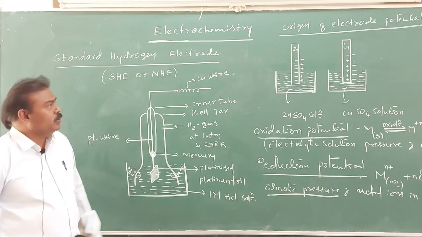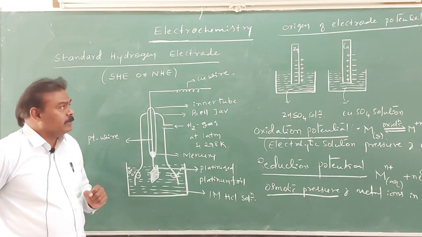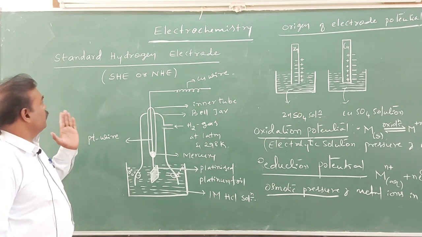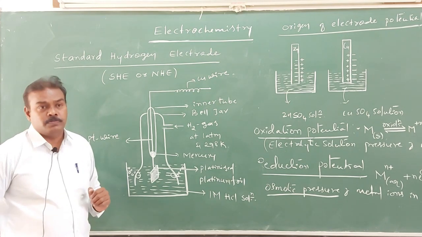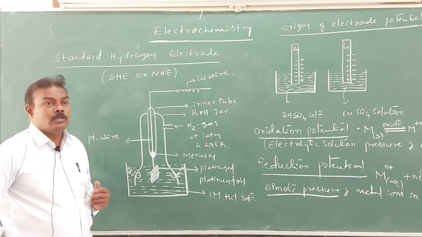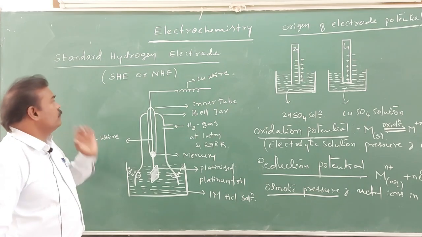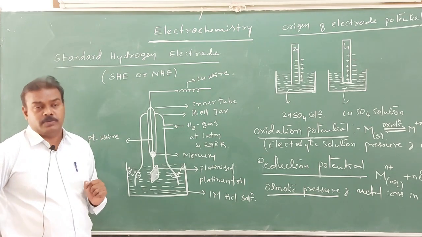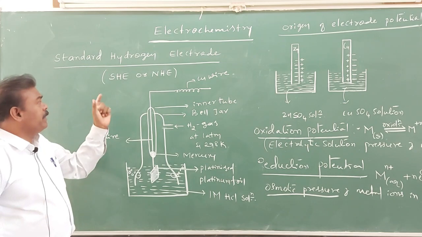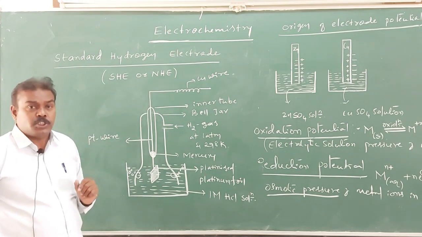Okay, now we will move towards one more concept regarding electrochemistry, called the standard hydrogen electrode. There are different types of electrodes, and among them, one type is the standard hydrogen electrode. It is abbreviated as SHE or also NHE.